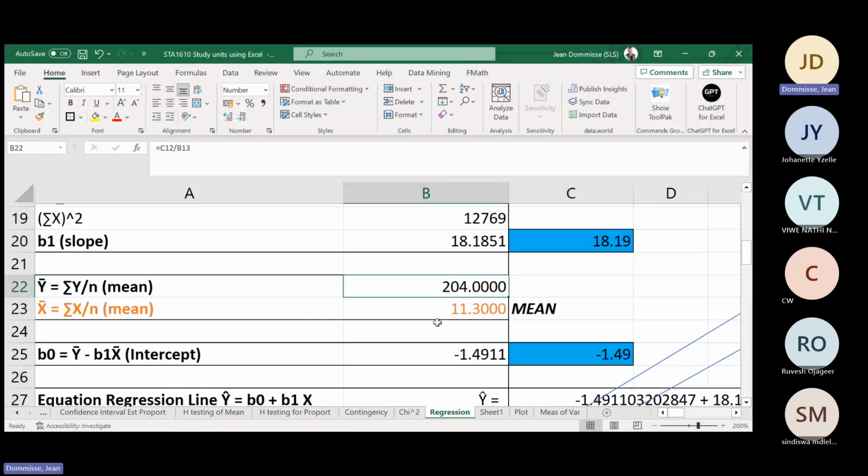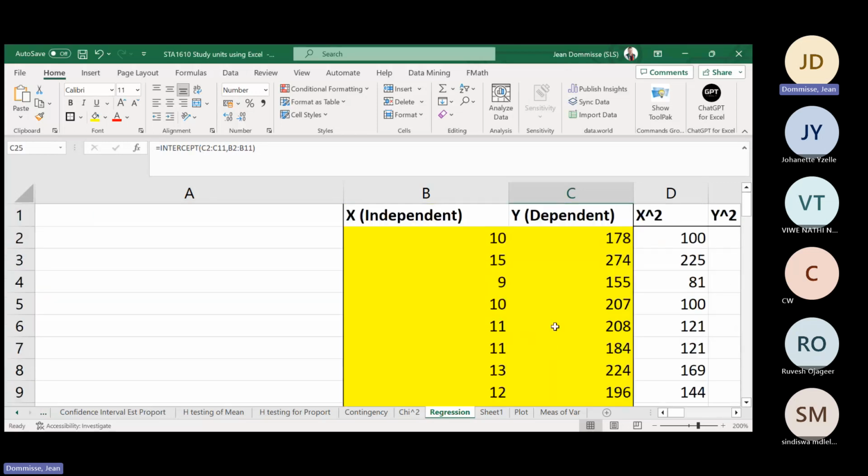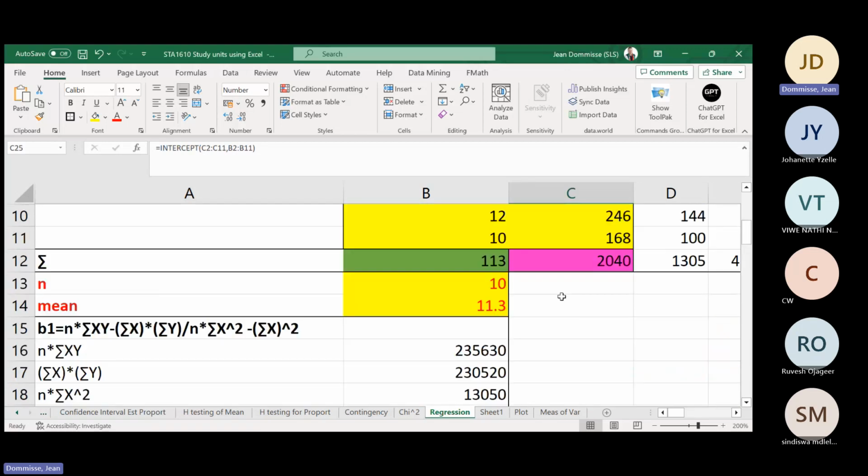We just copied it from up there, and then again with the formula of B0, to work out your intercept, there's also exactly the number that it would have been if we used the internal Excel calculator. And every time you can see it matches up. So if you change this data, just remember to check if this still matches up.